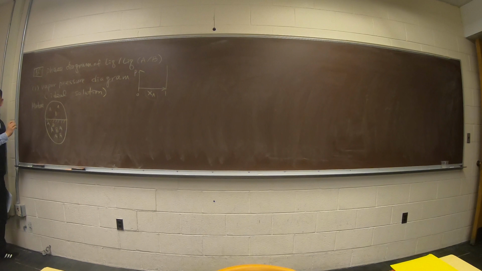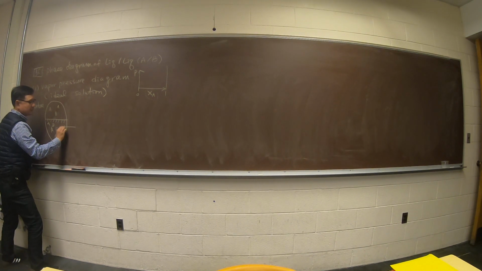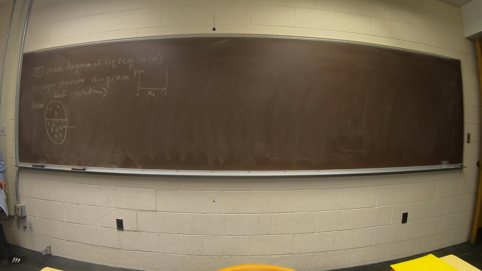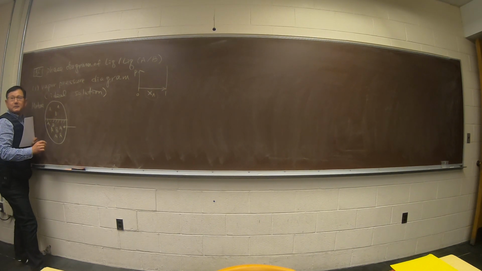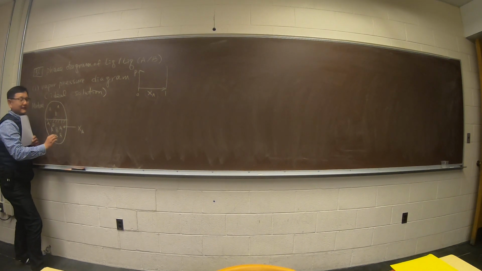What's important for me is I want to define the mole fraction or composition in the liquid phase. What symbol have I used before? Mole fraction of A? You remember? Yeah, that's right. I've been using XA.